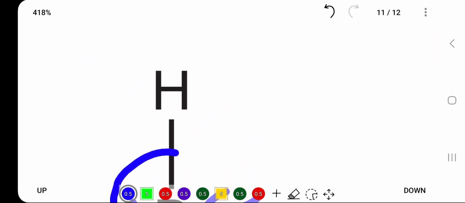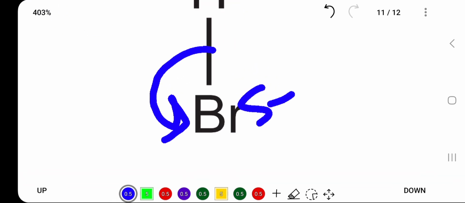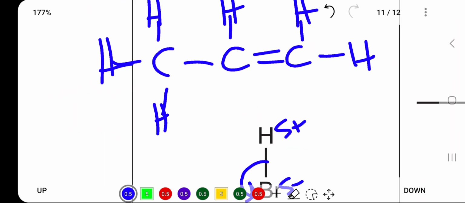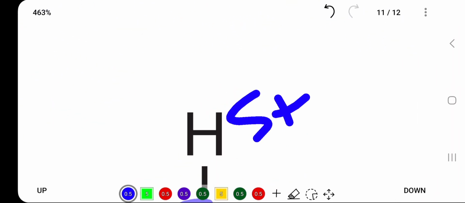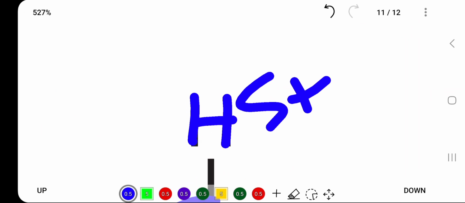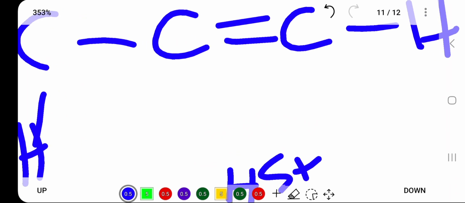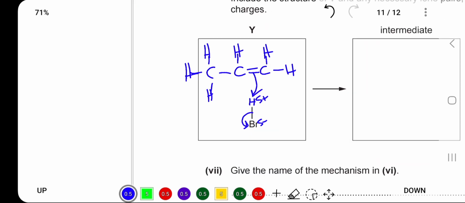But I should actually first show this, that bromine is partially negative and H is partially positive. Then after the H becomes partially positive, it can now attract any electron pair. So this will happen. So that's the first step.